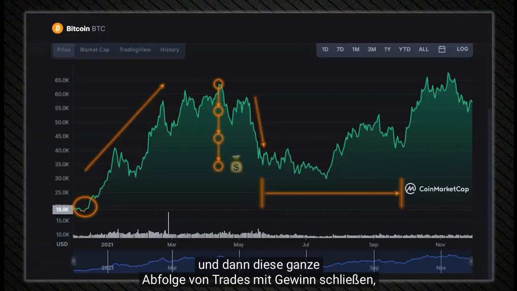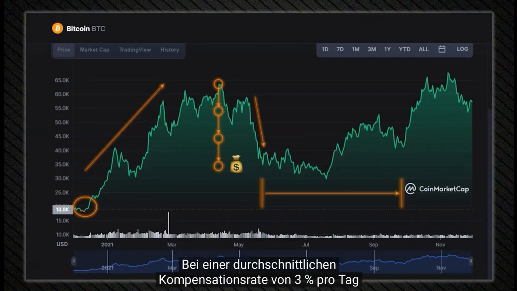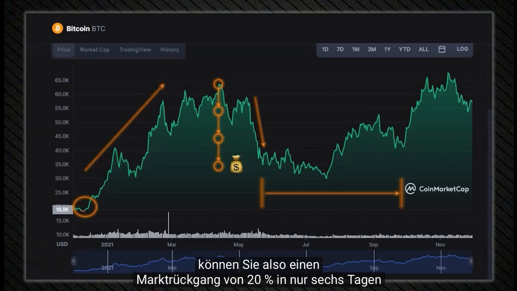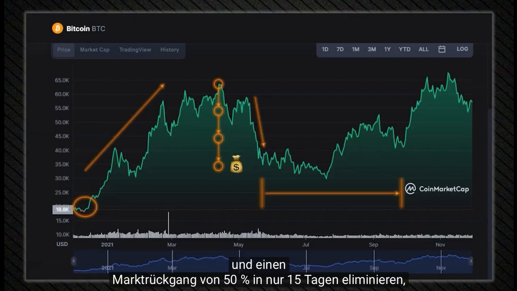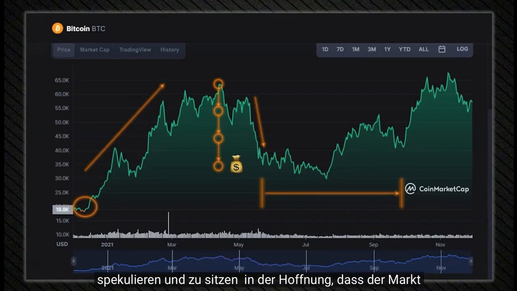And then close out that whole sequence of trades at a profit without the market having to retrace back up into that price zone. So at an average rate of offsetting 3% per day, you can eat a 20% market drop in just 6 days, and you could eat a 50% market drop in just 15 days, which is much better than sitting there for 6 months speculating and hoping that the market is going to go back up.